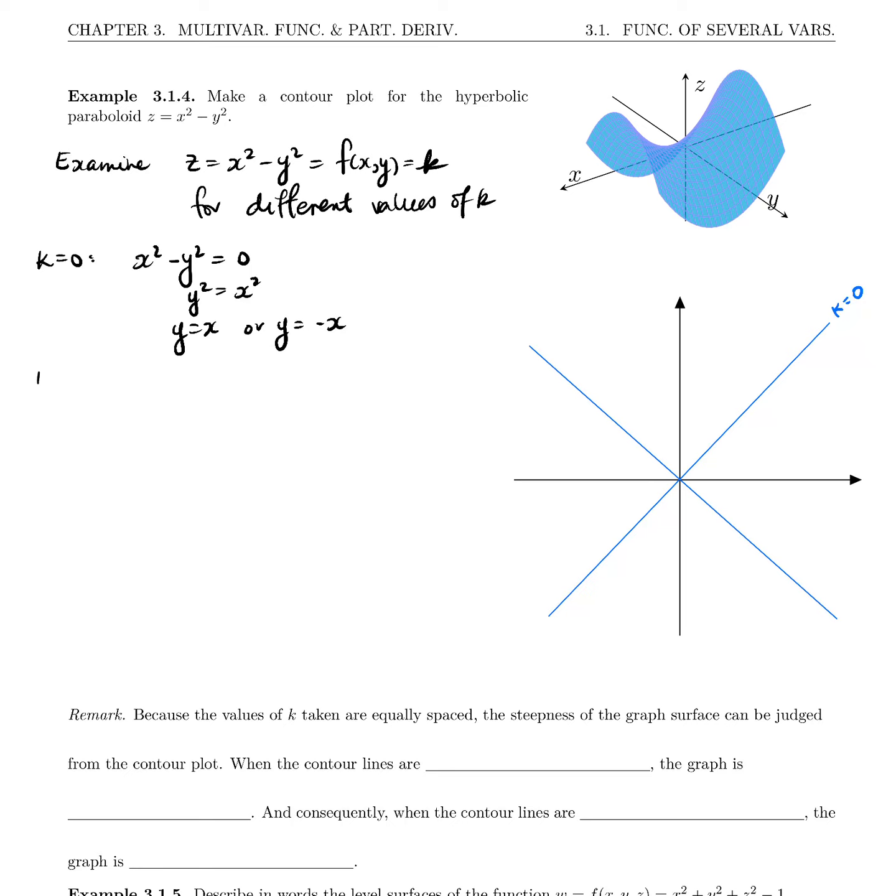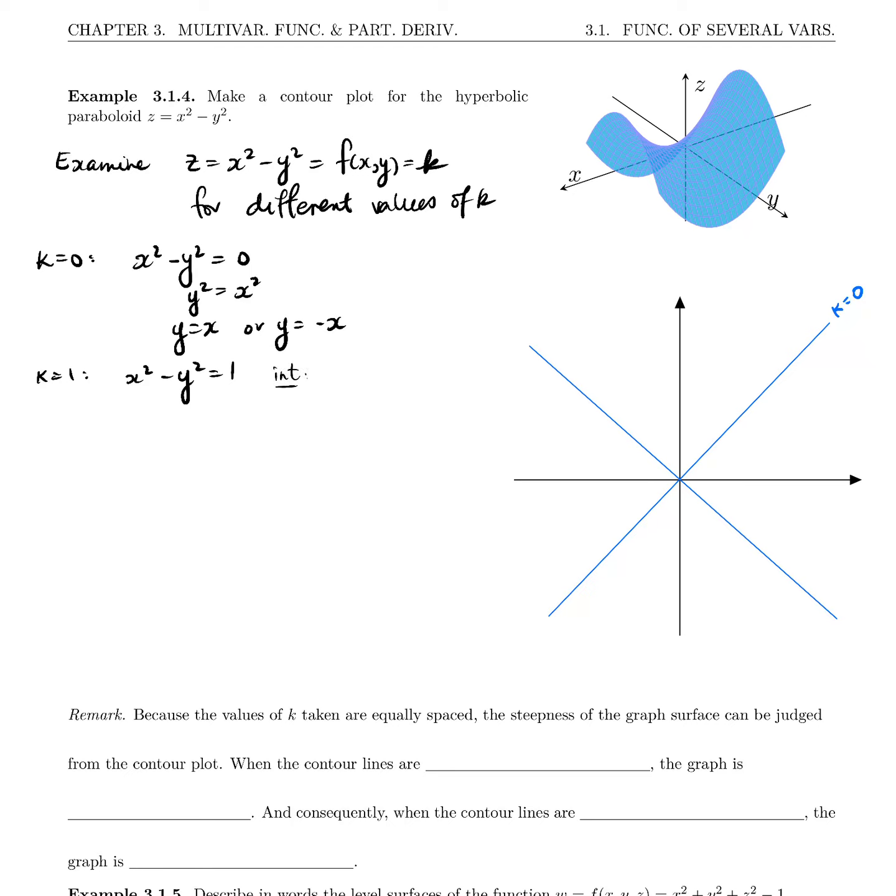So now we want to take a different k value, k equals 1, so I'm going to take a unit spacing, which means that I have x squared minus y squared is equal to 1, which we hopefully recognize as a hyperbola. If you forget whether it faces left, right, or up, down, I always remember by looking at the intercepts.